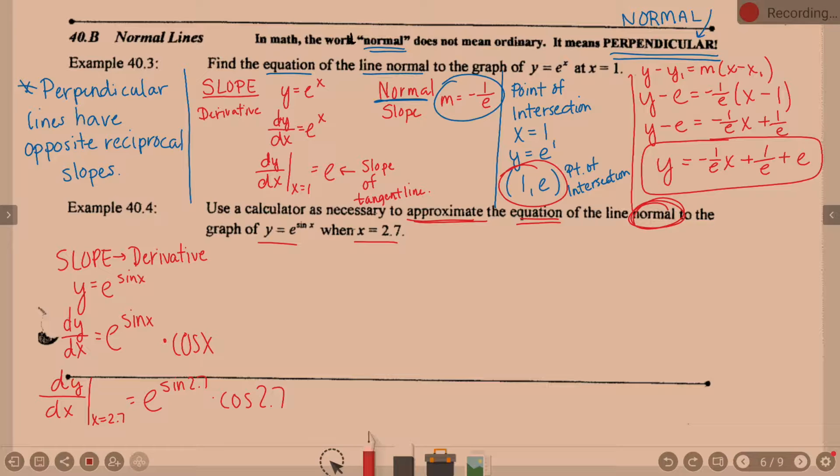I have a decimal with 4 place values written down. Did you guys get it? Rounded to negative 1.3862.